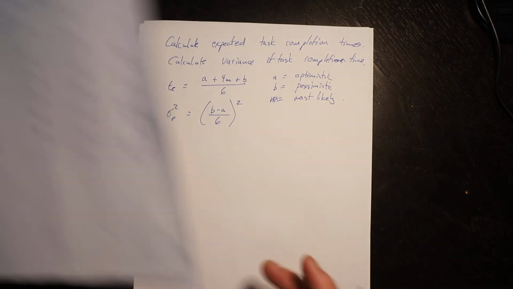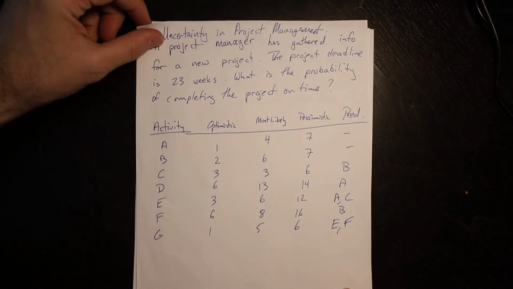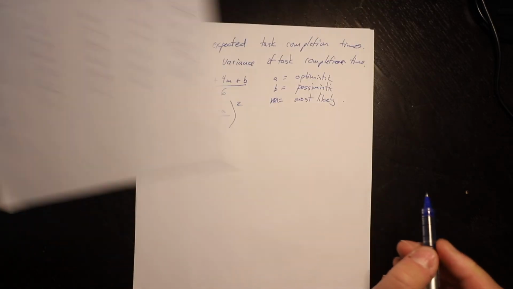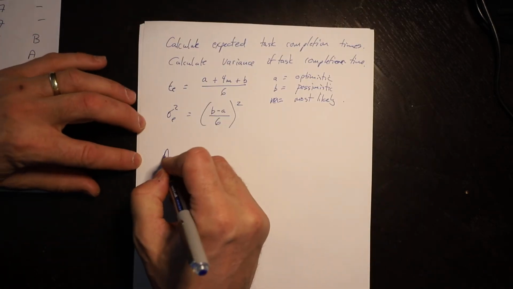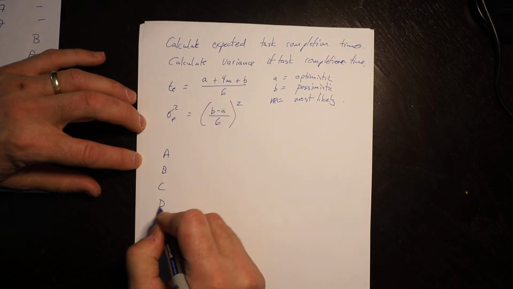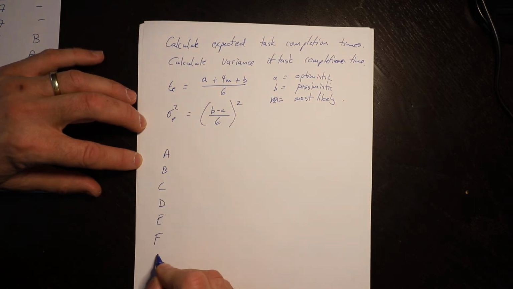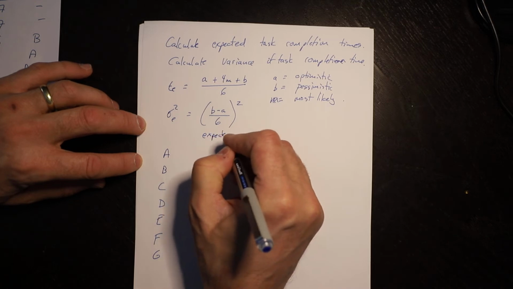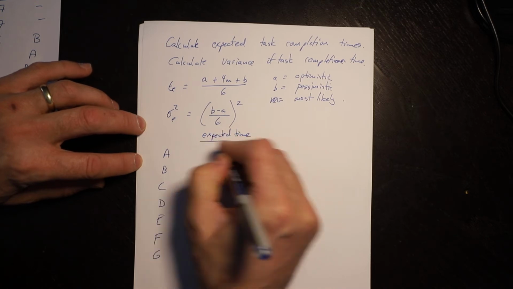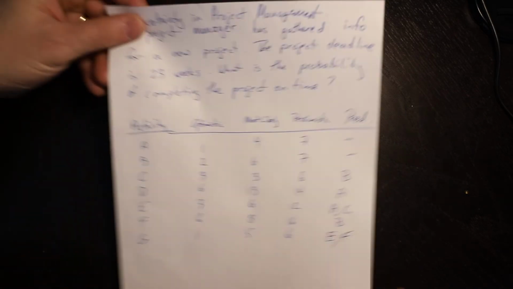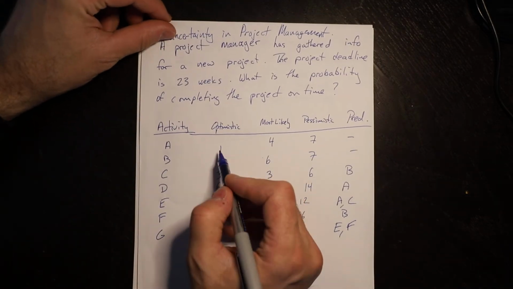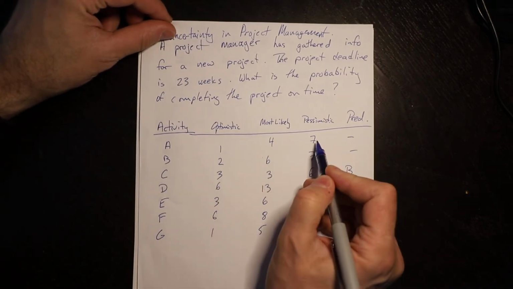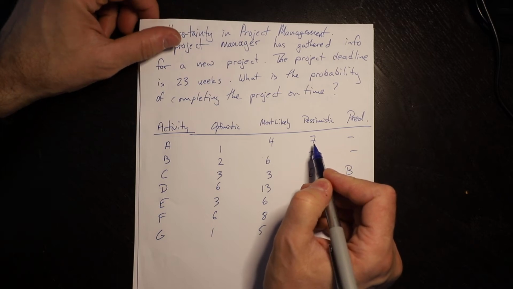So we go back then to this basic information. We know optimistic, most likely, and pessimistic. We'll do A, B, C, D, E, F, G, and expected time. You look at the first one, it would be (1 plus 4 times 4 plus 7) divided by 6.